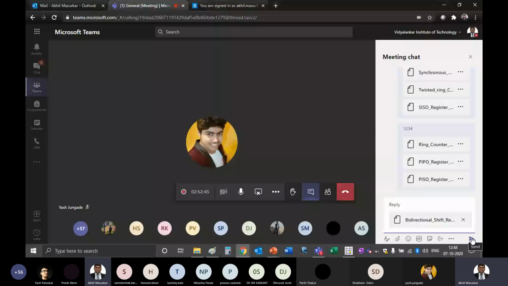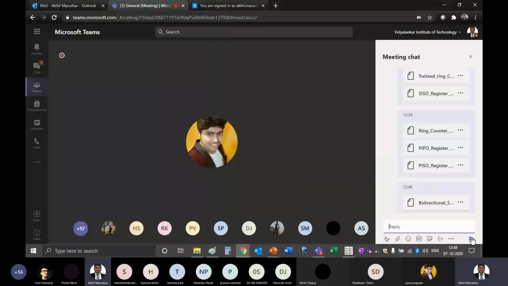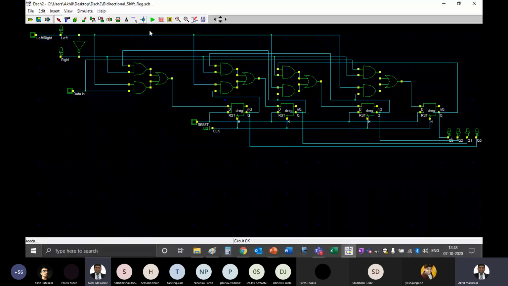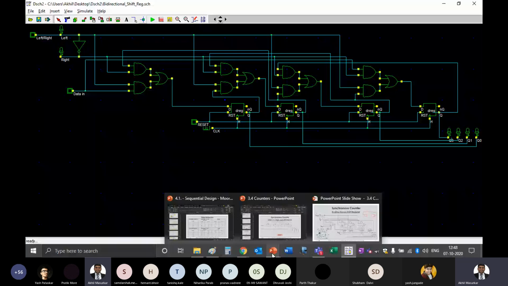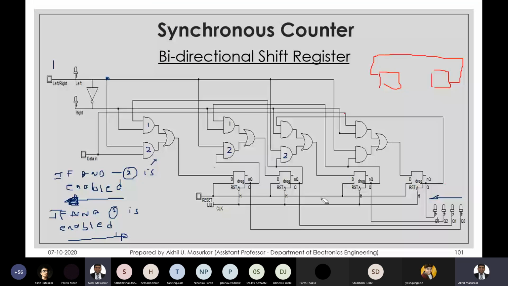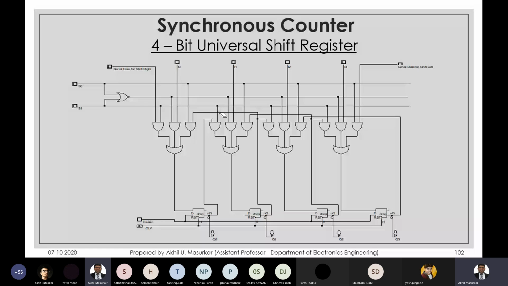I'm just saving your effort of drawing by giving you the schematic files. And the next one is the universal shift register.